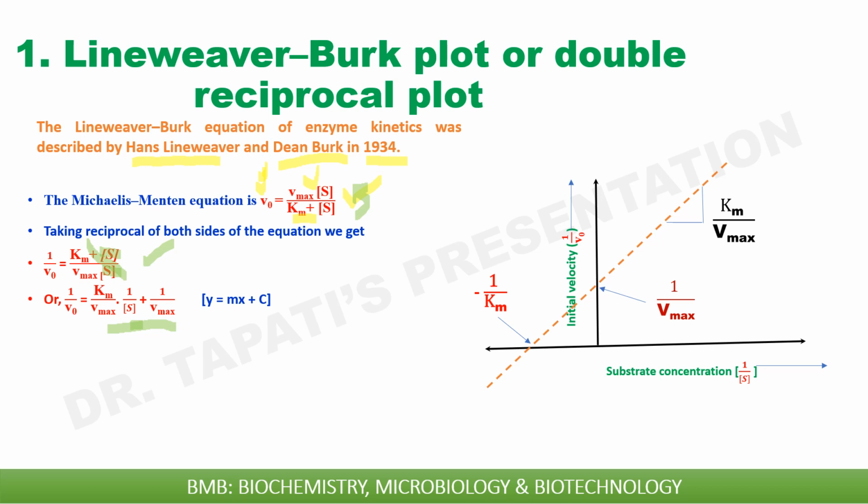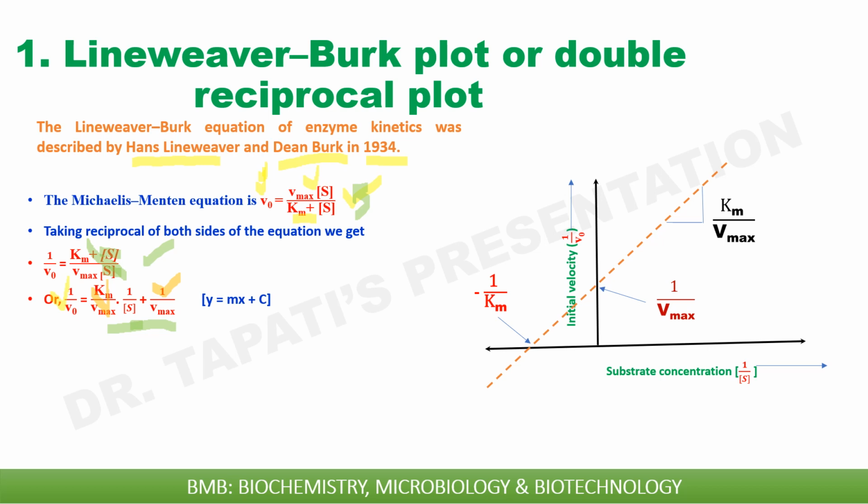It is like a straight line equation, y equal to mx plus c, where y is equal to 1 by V0, m is Km by Vmax, and c is 1 by Vmax.